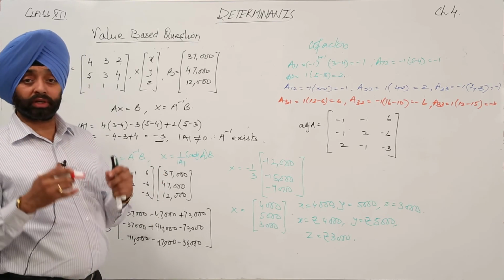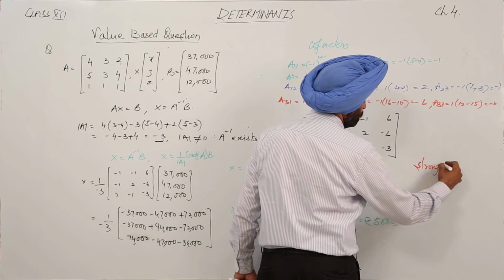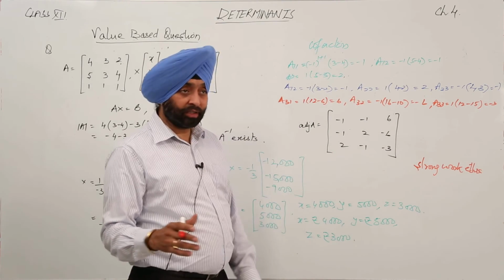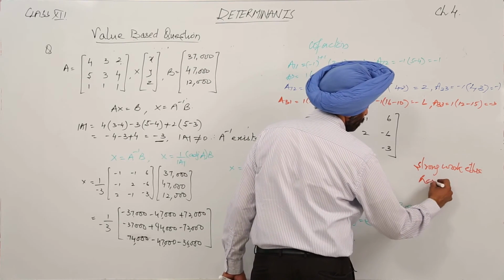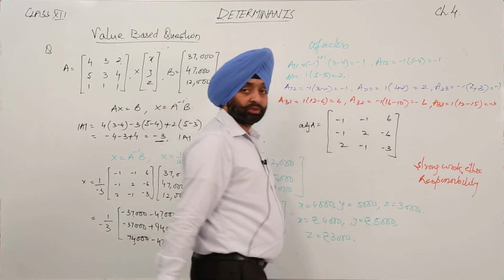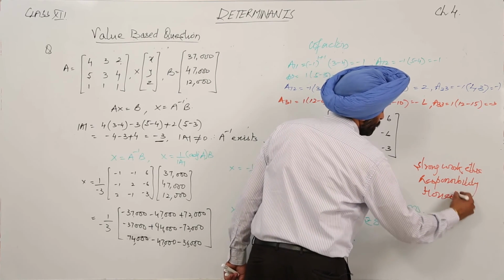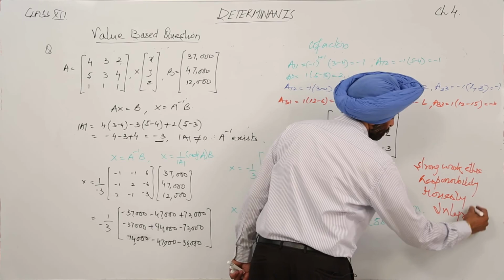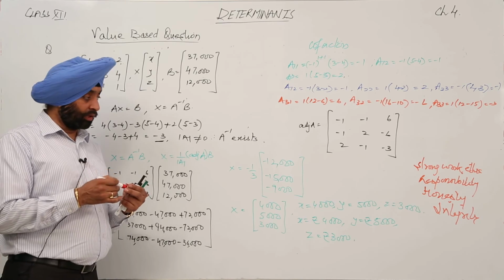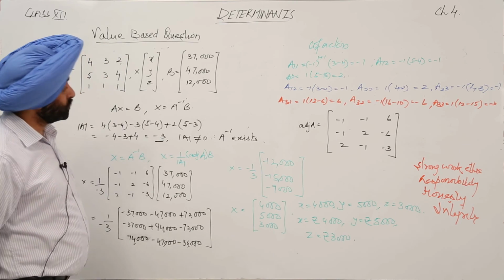It can be strong work ethic, then responsibility, after responsibility can have honesty, integrity. So you have to write only two. You can write number of values. You are aware of number of values, so never miss 1 mark for the value based question. Okay, so here is the question and we can move.